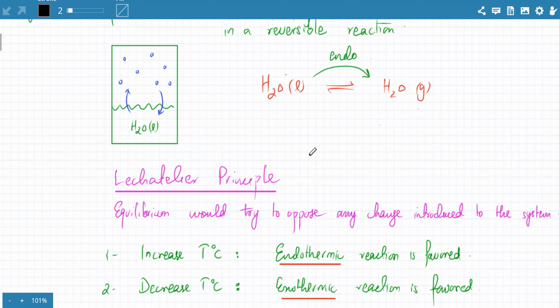If you cool this down, maybe both reactions slow down, but the equilibrium is going to favor the condensation. This would still be faster compared to this one. So don't confuse equilibrium with rate. Rate is something totally different.